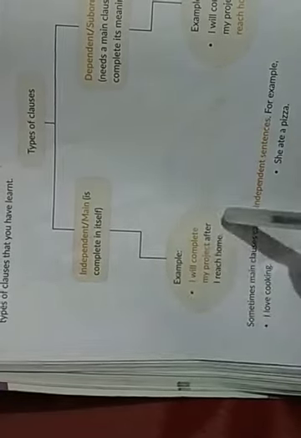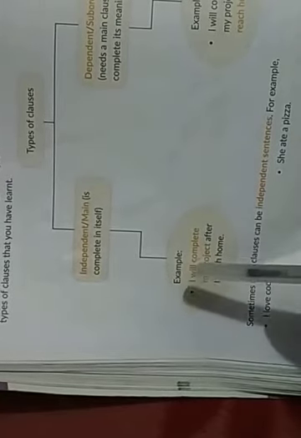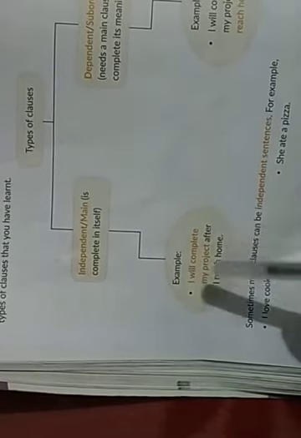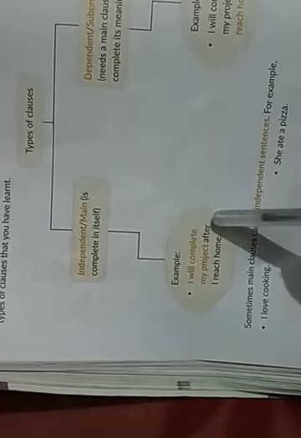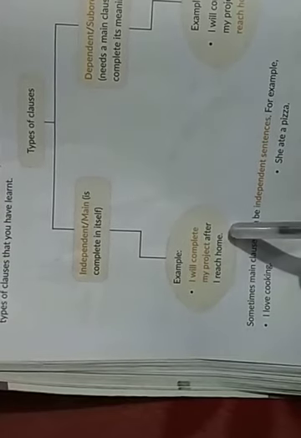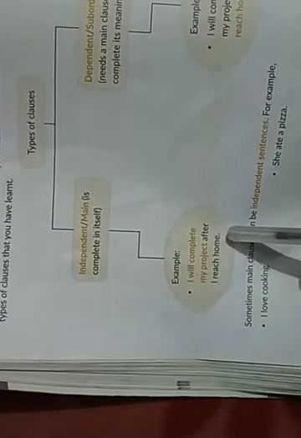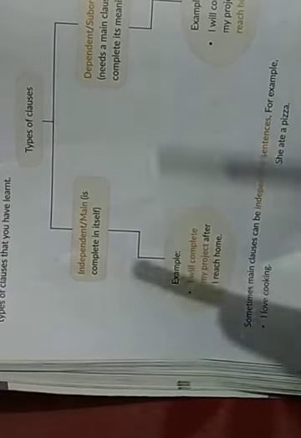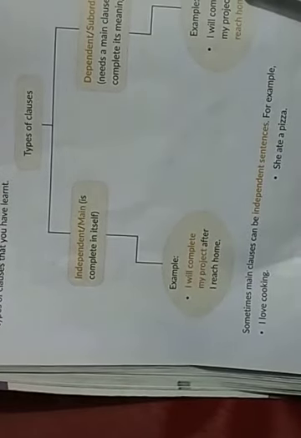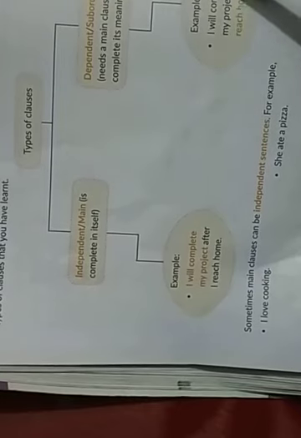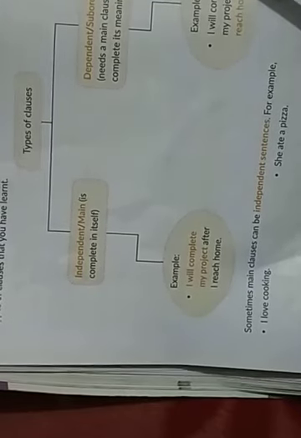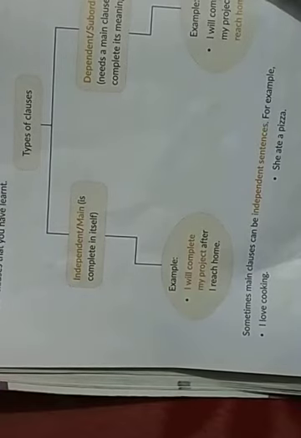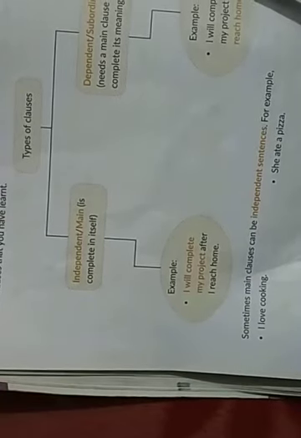You need the main clause to complete its meaning. So after I reach home is dependent clause. I will complete my project is independent clause. See, in the example here also it is given, I will complete my project after I reach home. So after I reach home is dependent clause because the meaning is not complete and we need the main clause to complete its meaning.